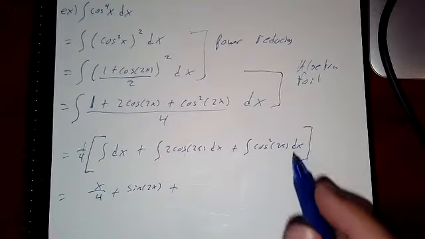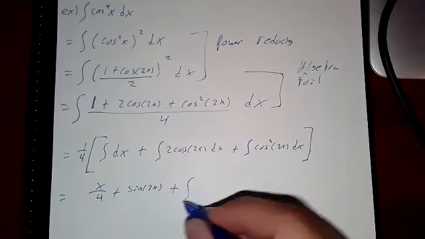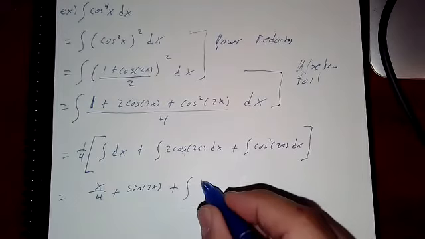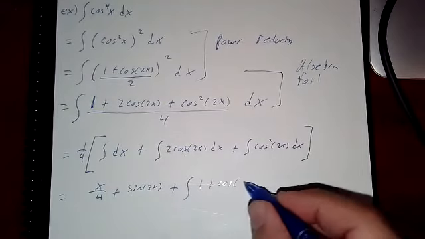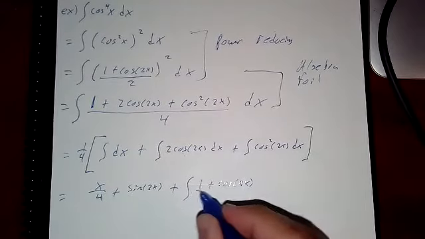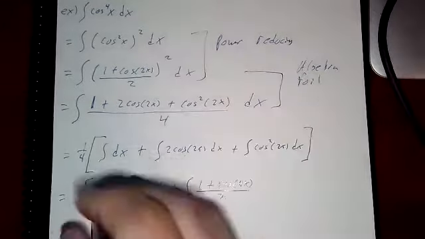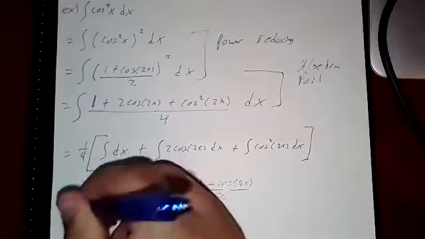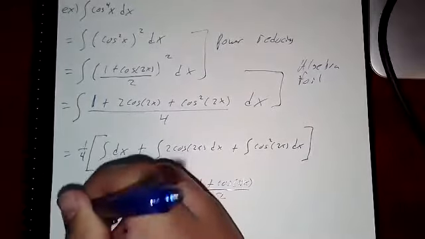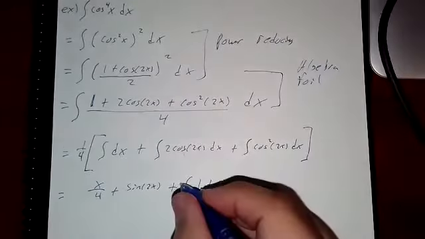this guy, do another power reducing. So that would become 1 plus cosine 4x over 2. Oh, I distributed the fourth already. So I'm going to go ahead and put the fourth out here.